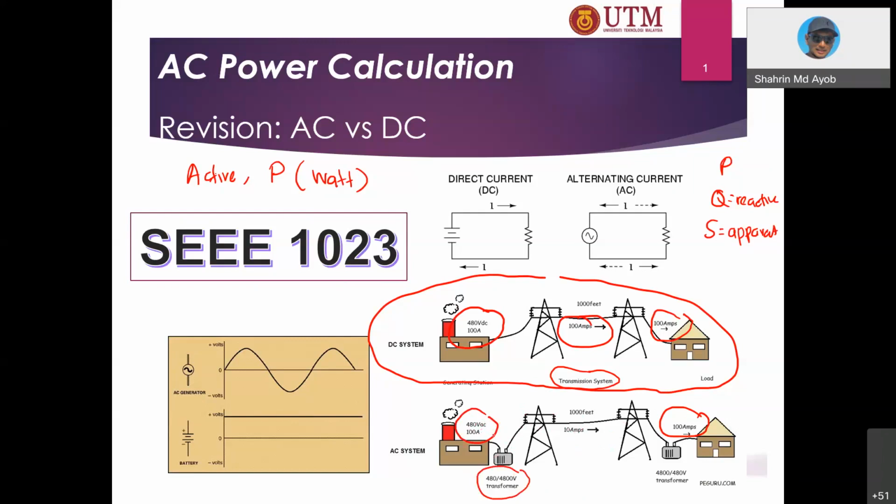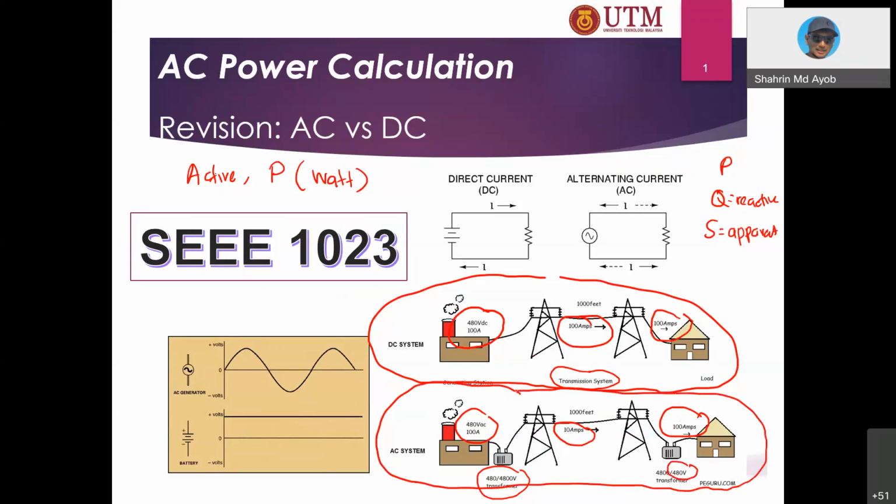From 100 amperes, it only transmits 10 amperes by boosting up the voltage. Then at the receiving end, it steps the voltage down again to the original 480 volts, and the current increases back to the original 100 amperes. This is the advantage of the AC system.